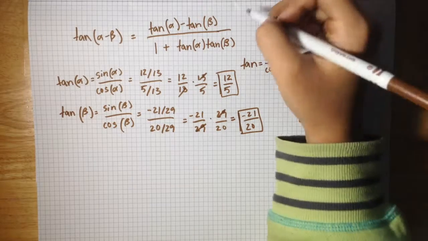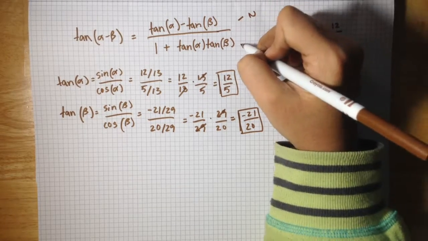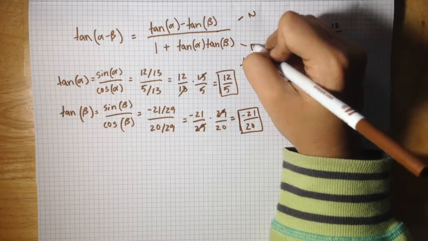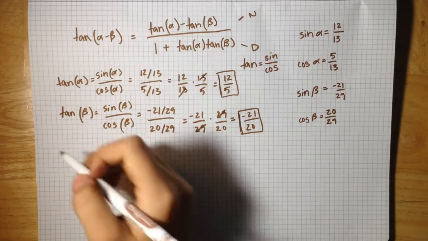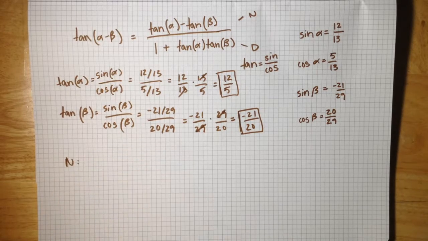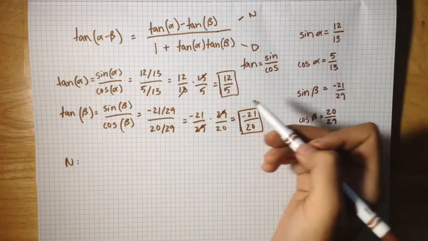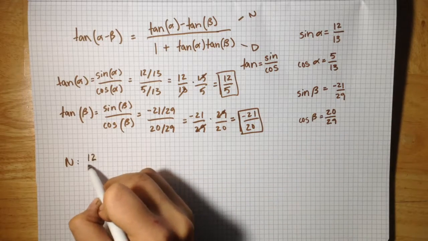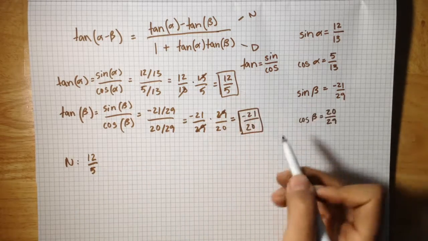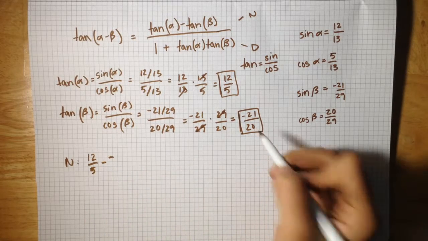So I'm just going to call this the numerator, N for numerator, and this D for denominator, and solve this in two parts. For the numerator, we have tangent of alpha minus tangent of beta. So we have 12 over 5 from here minus negative 21 over 20.